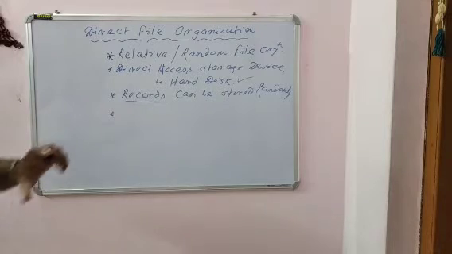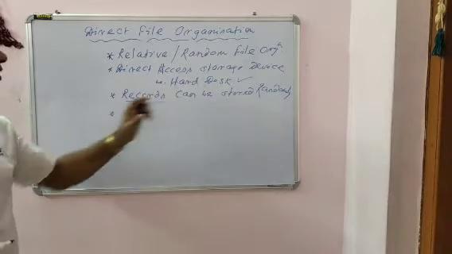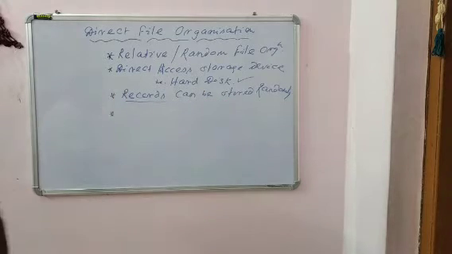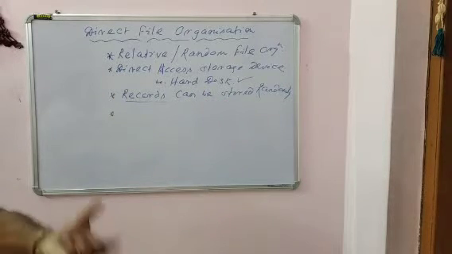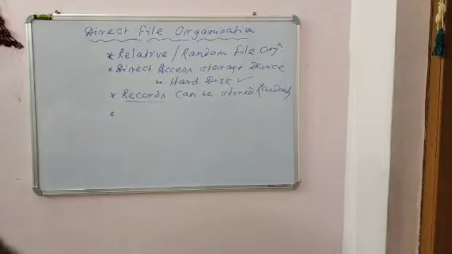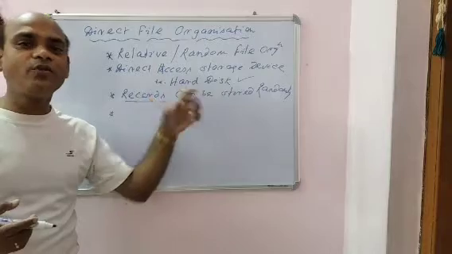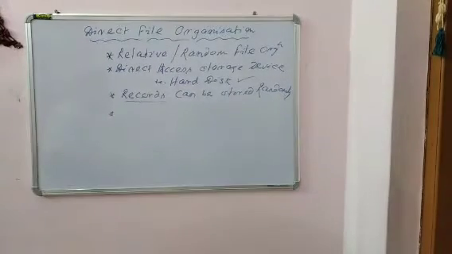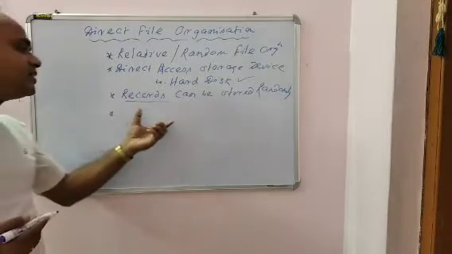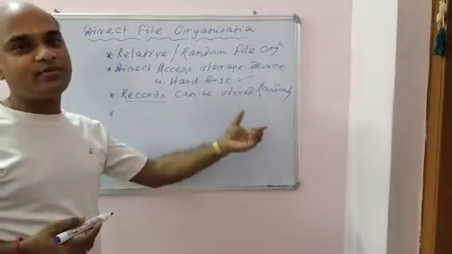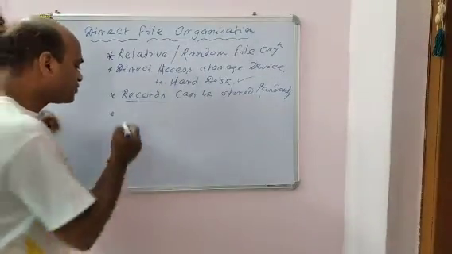Here sequential storage is not required. We are not going to store sequentially, and also we can have immediate access. Immediately we can fetch the information from the file. It is used in accessing large databases, so we can easily retrieve records from a large database file because it is random.